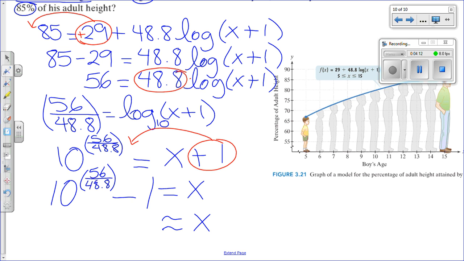So if you guys could do that for me, please. Thank you. 13.04. Then we're going to round it to the nearest year or nearest integer, so it will be 13 years.